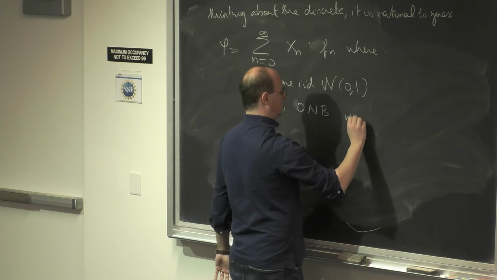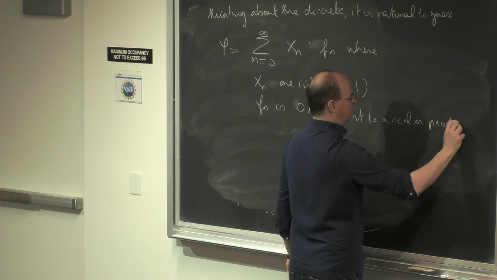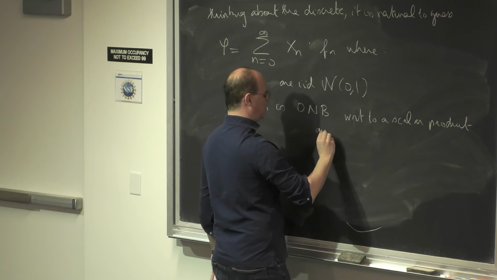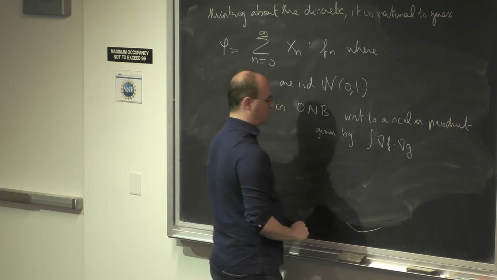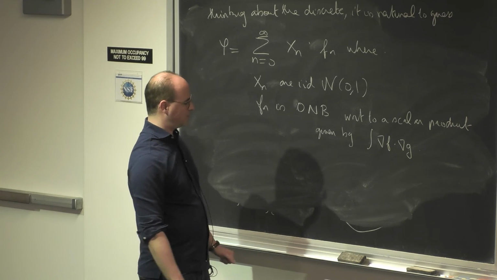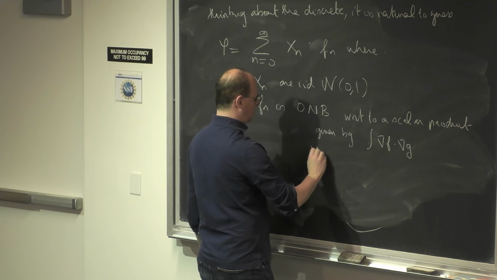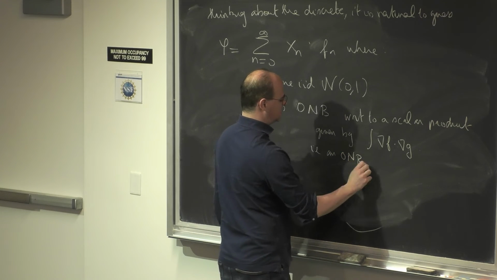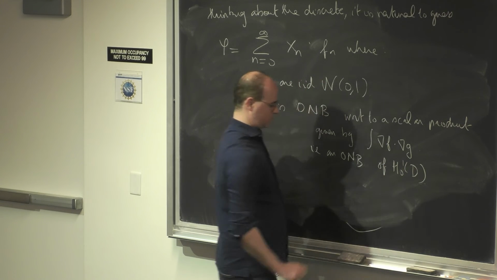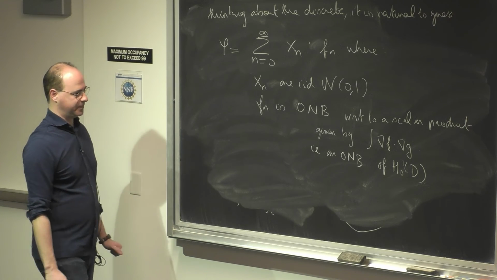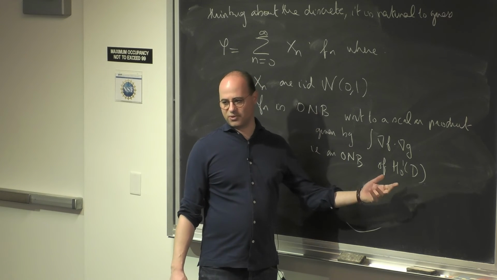So with respect to a scalar product given by the integral of gradient f, gradient g. Another way to say this is that this is an orthonormal basis of the Sobolev space H01 of D. These are functions which are in L2 and whose weak derivative is also in L2.